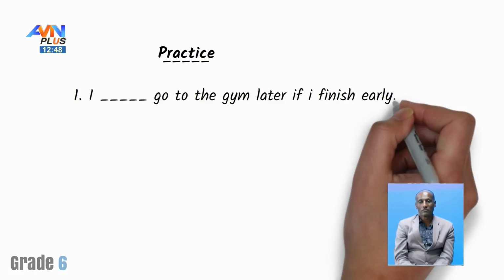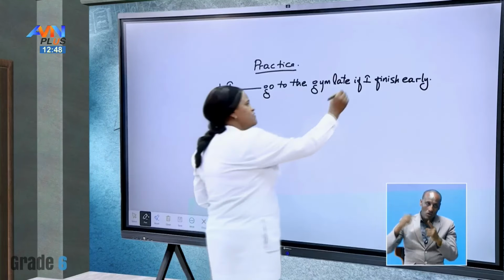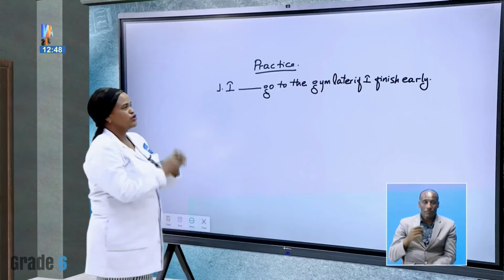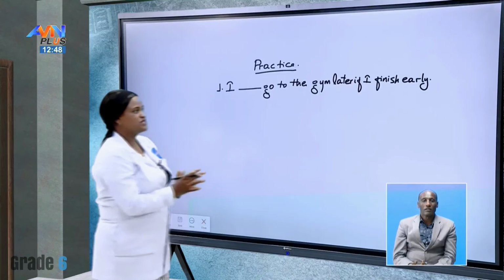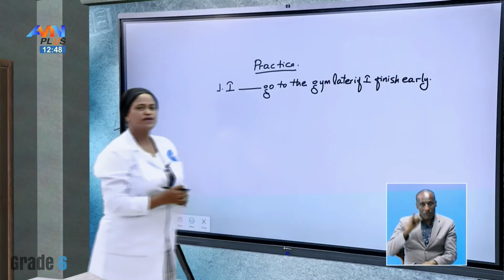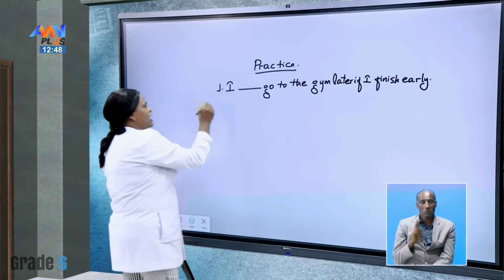Look, I blank go to the gym later if I finish early. Look at this sentence. Now you are going to decide when you see, if I finish early, how do you think is the degree of possibility? Let's see. Another one.